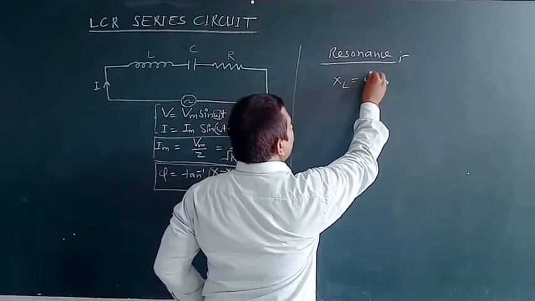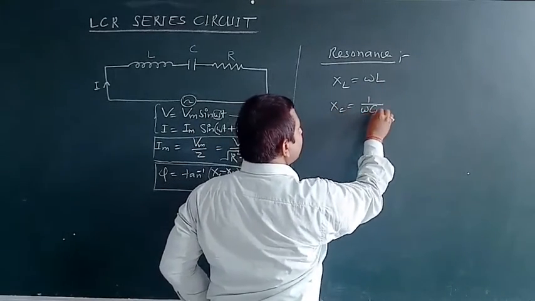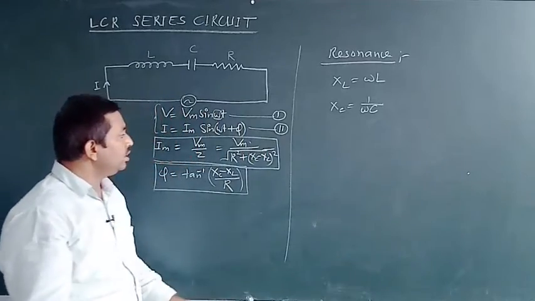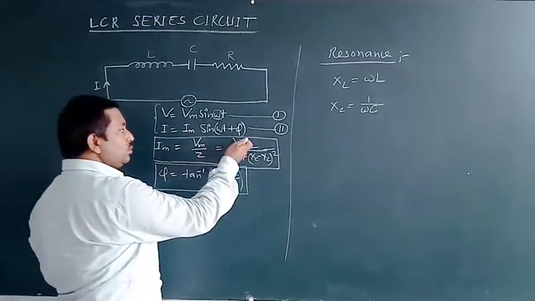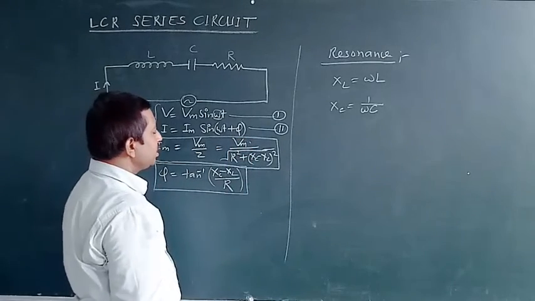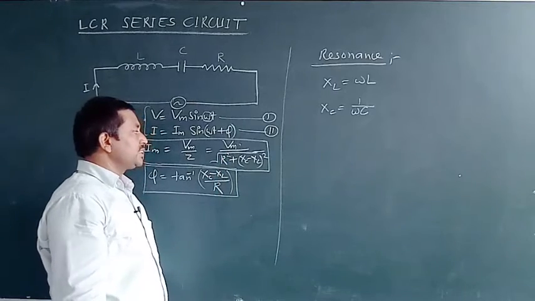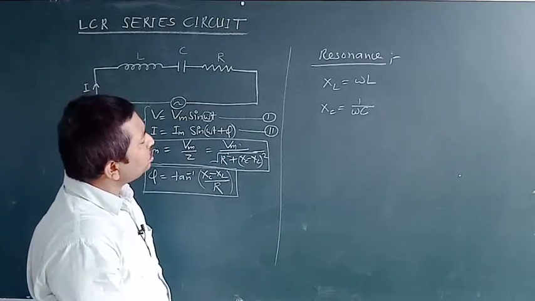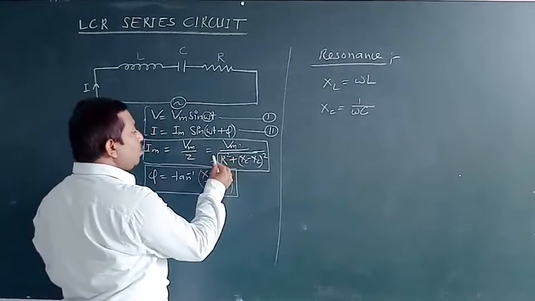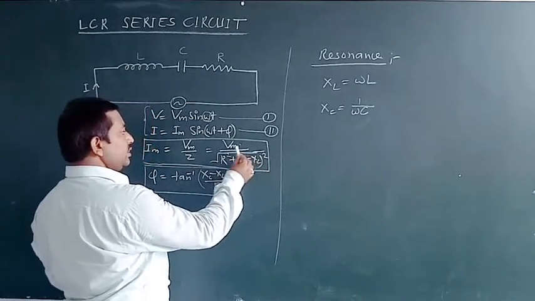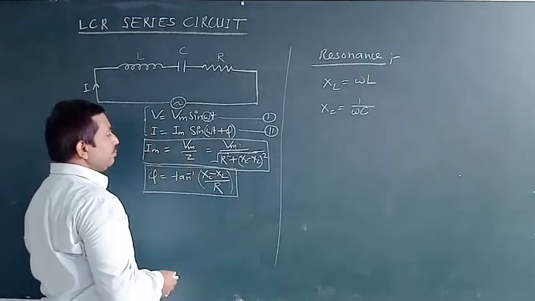XL is equal to omega L and XC is equal to 1 upon omega C. And from here we see that Im is equal to Vm by Z, means Vm by root of R square plus Xc minus XL square. So if we reduce the value of this Z, then we can get the current as maximum.